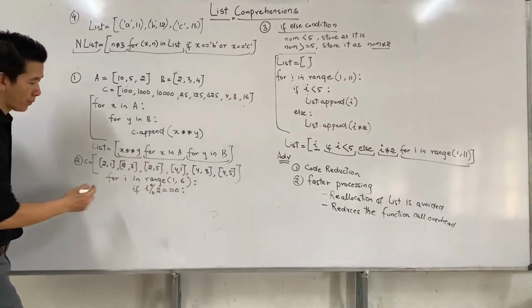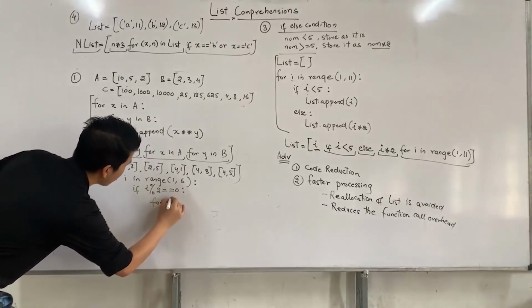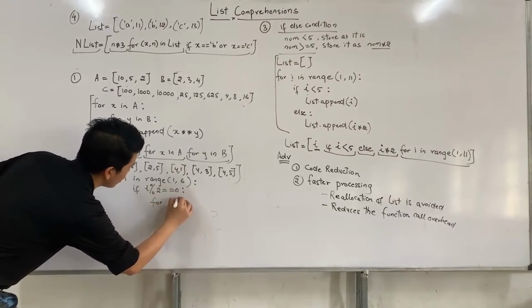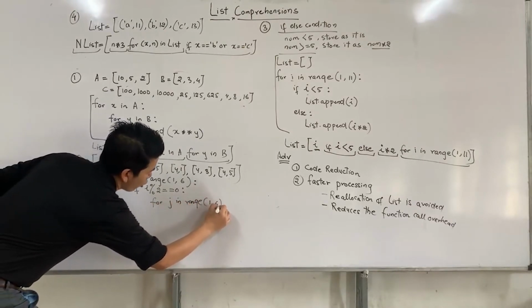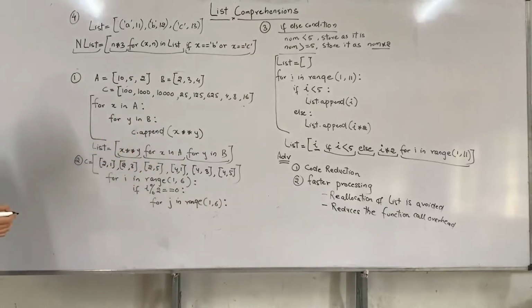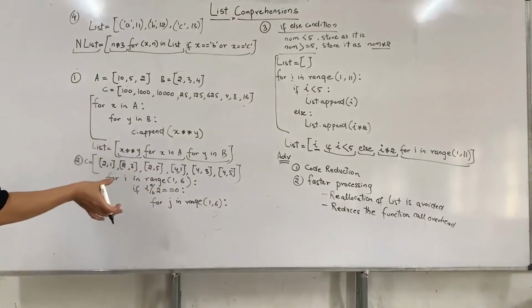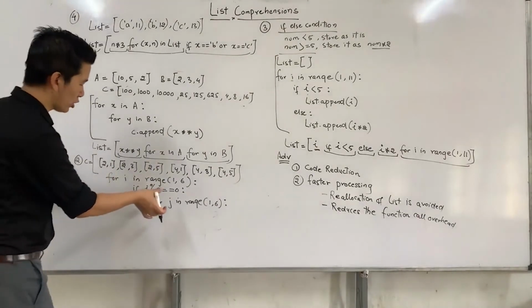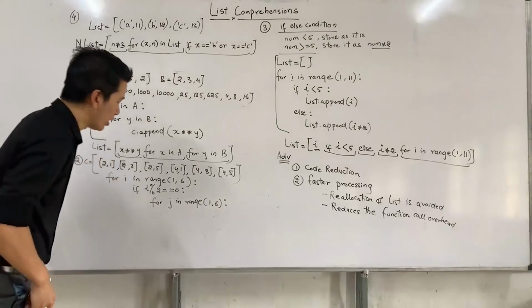that number is even. So if the condition is true, then I have the inner loop, which is for j in range, and then you have 1, 6. Now the question is, should I be including the i, j pair in the new list? Again, I have one more condition.